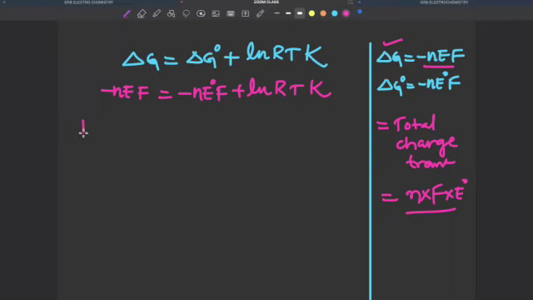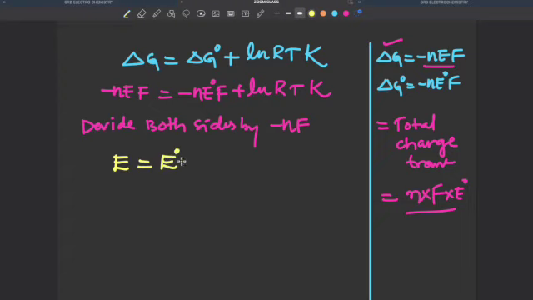Now I divide both sides by minus NF, because both have NF. What is left here? Only E is left, as NF will be cancelled. Here also, E naught is obtained.